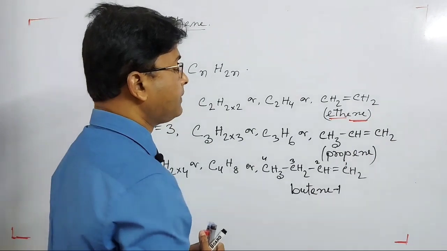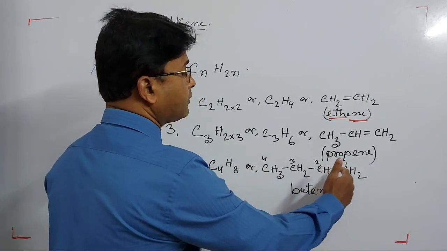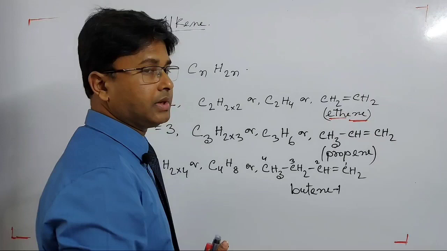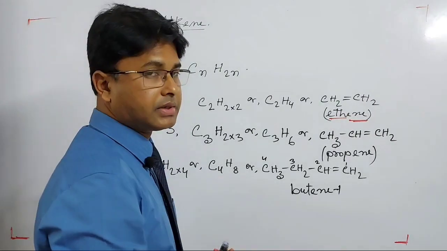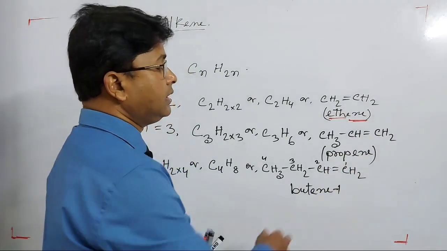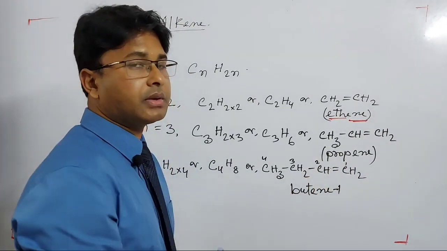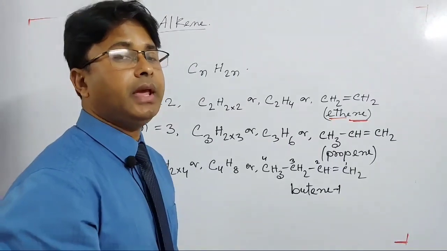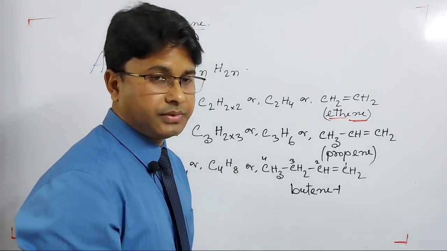You have to start the numbering from the right side of this formula, because if I count the carbon atoms from the right side, the position of the carbon-carbon double bond will be at the lower carbon number.